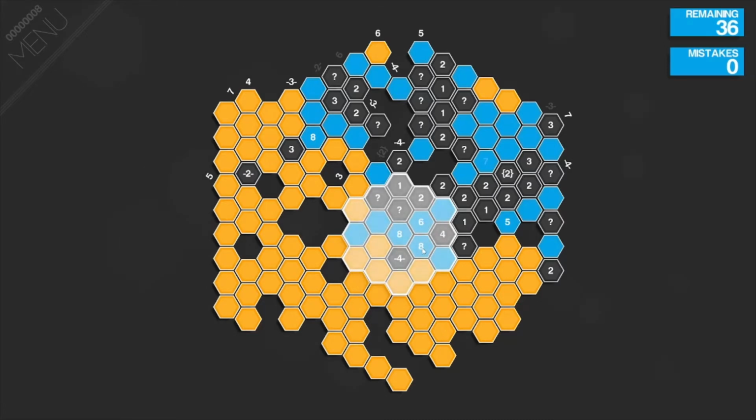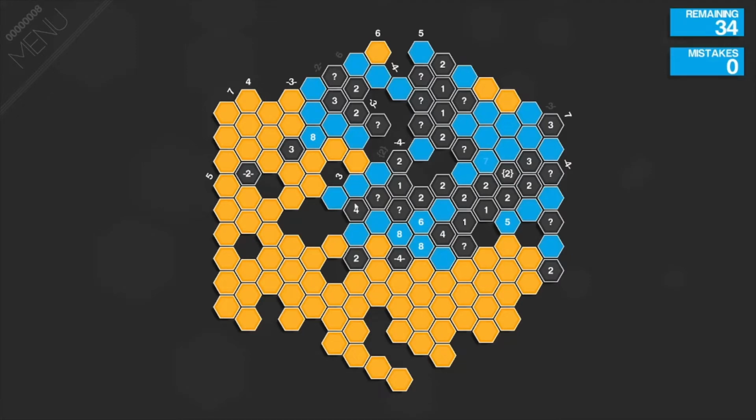So 1, 2, 3, 4, 5, 6, and 7 and 8 are going to go in these remaining 4 tiles, but we're not sure of the order, and so we can go ahead and actually open up these other 2 tiles within that flower. In doing so, we do get a 4, so 1, 2, 3, 4.